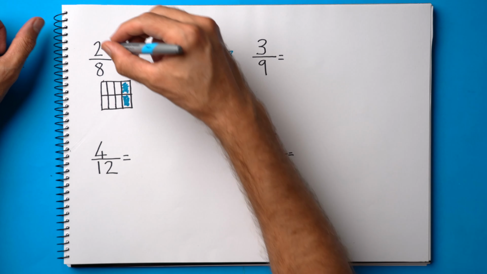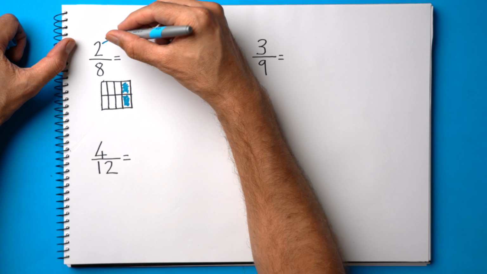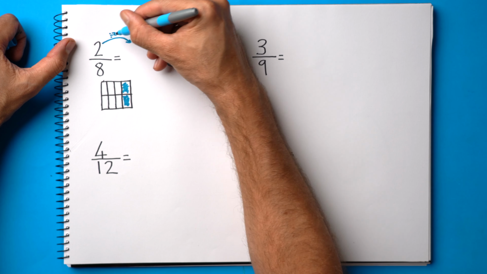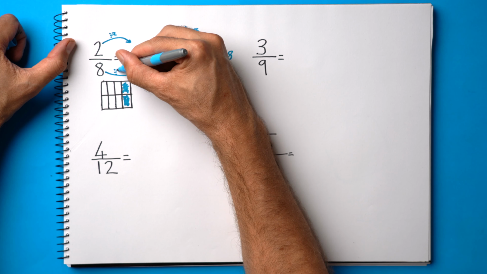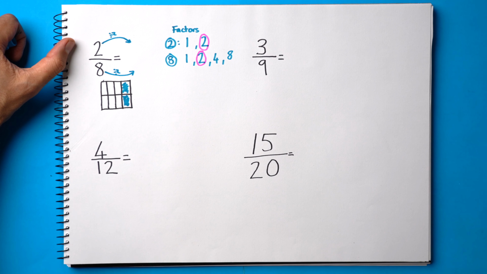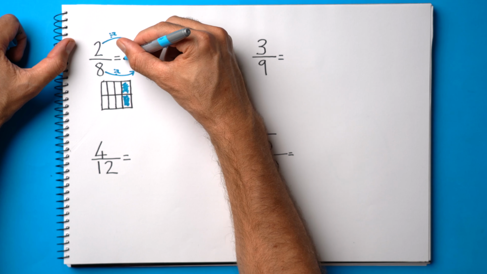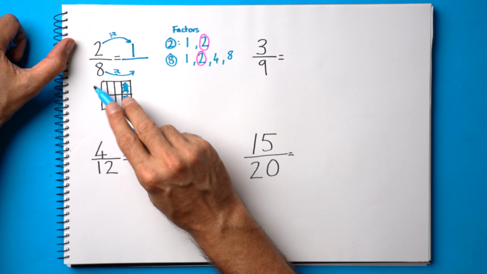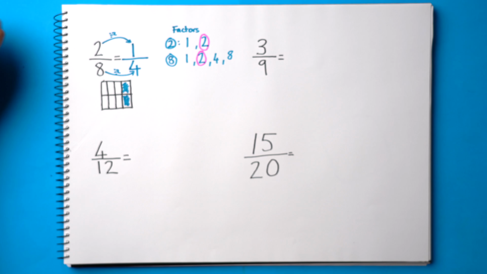I'm going to find the simplest equivalent fraction by dividing this number by 2 and dividing this number by 2. If I have 2 divided by 2, that's going to be 1. And on the bottom, I'm going to have 8 divided by 2, which is going to be 4.